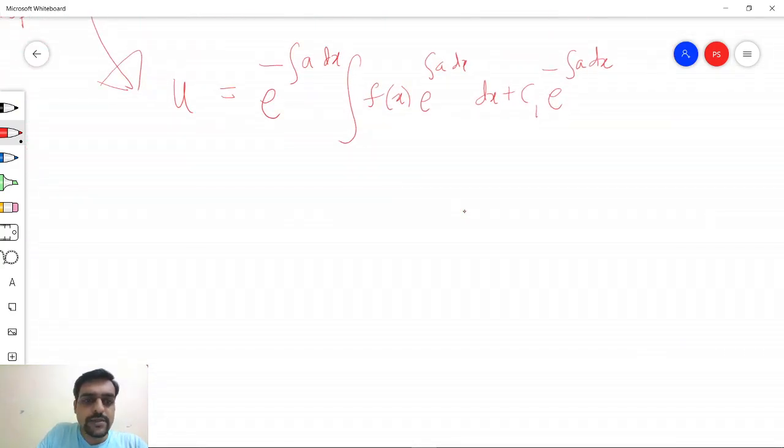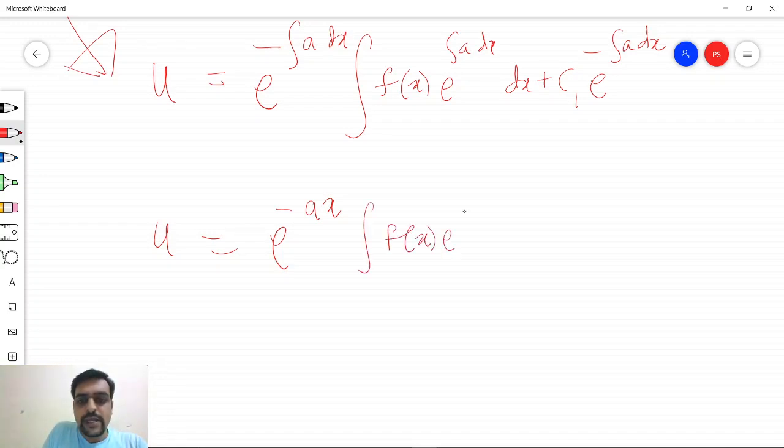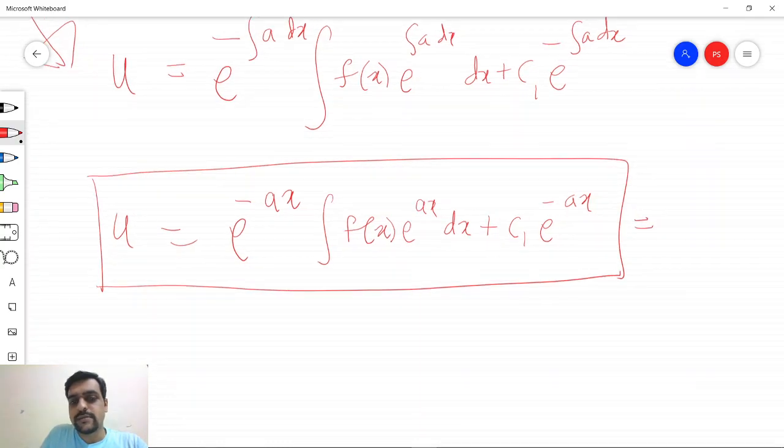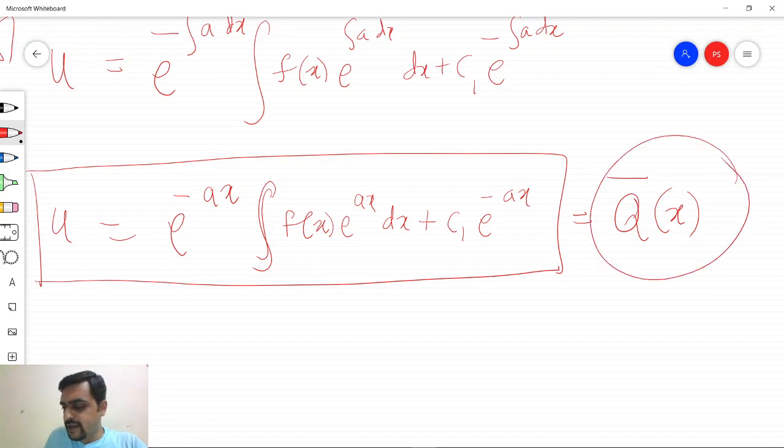So u now becomes e raised to minus ax, since a is a constant and integration of dx is x, times integration of f of x e raised to ax dx, plus c1 e raised to minus ax. Now this is the answer for u. Let us denote this by a symbol q bar of x. Since it is a very large quantity and this integration has to be solved mathematically, let us call whatever quantity we get here q bar of x.